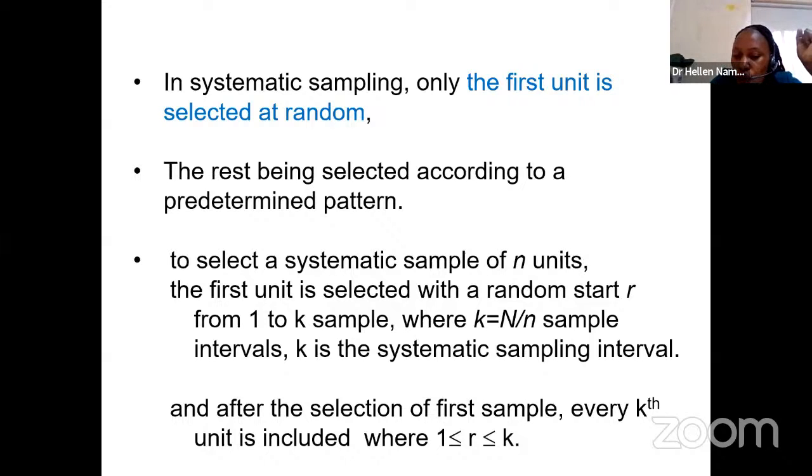And your k will give us the systematic sampling interval, implying that after selecting your first unit randomly, you just add the interval to your first element, and so on, so you'll pick every kth element, and that is what you'll include in the sample.